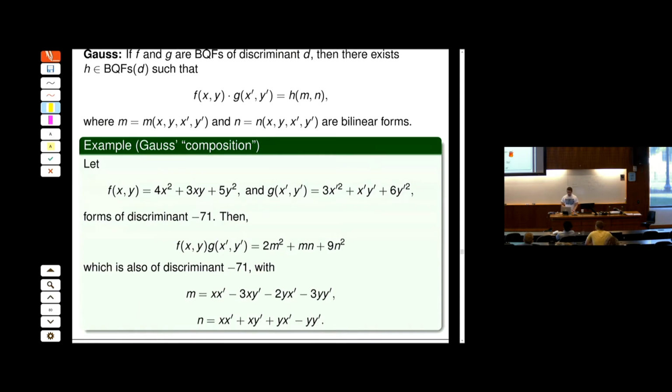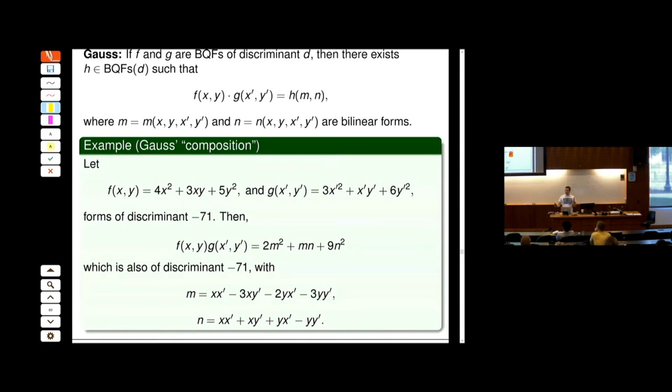And then he figured out that if you multiply them together, you get this other quadratic form. What is the discriminant of that one? It will be b squared, so 1, minus 4ac, so 4 times 2, 8 times 9, 72. That's minus 71. That's also discriminant minus 71. And there is that equality with these crazy coefficients for the bilinear forms M and N.